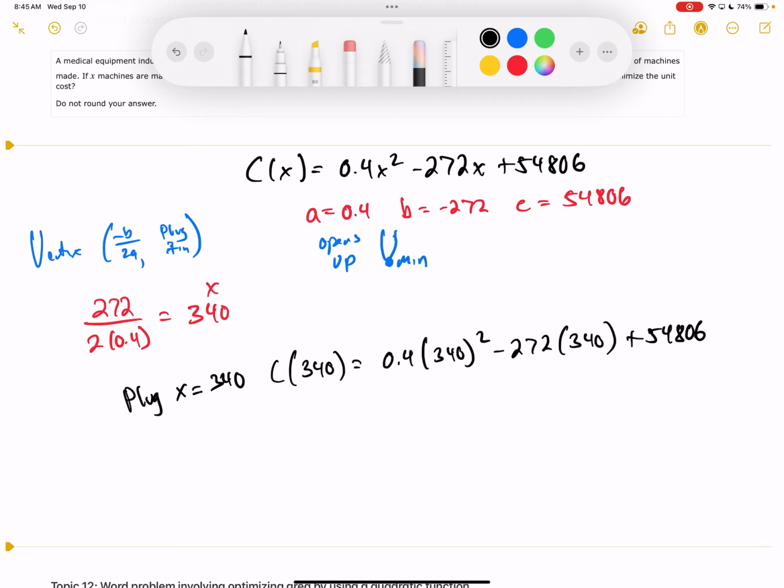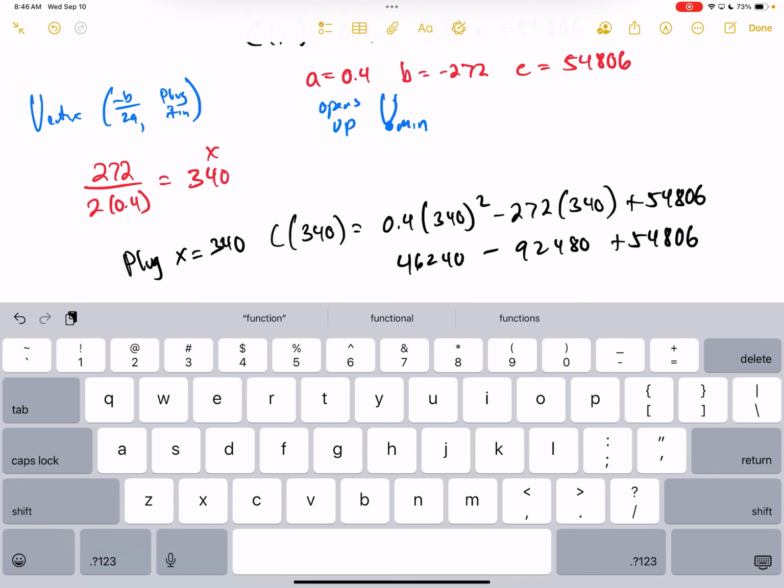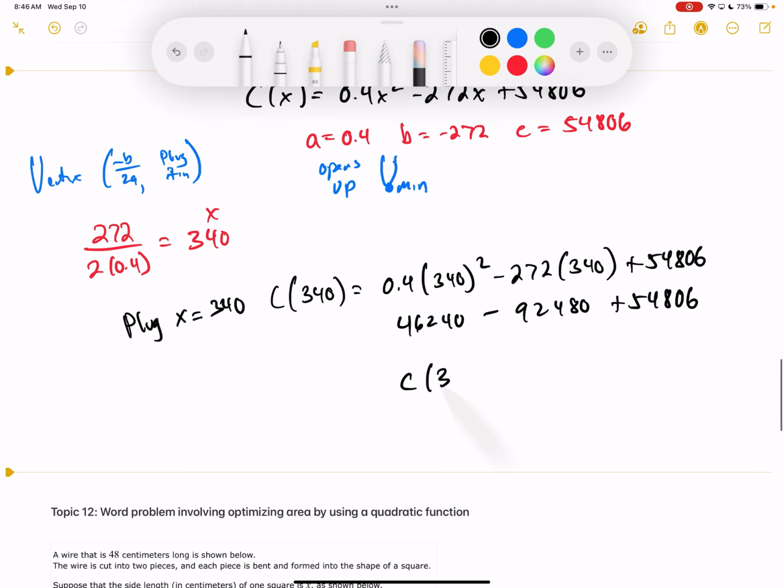All right, so 340 squared times 0.4 is 46240. 272 times 340 is 92480, subtracted, and then plus 54806. Oops. What did I get here? 8566. So my vertex is (340, 8566).